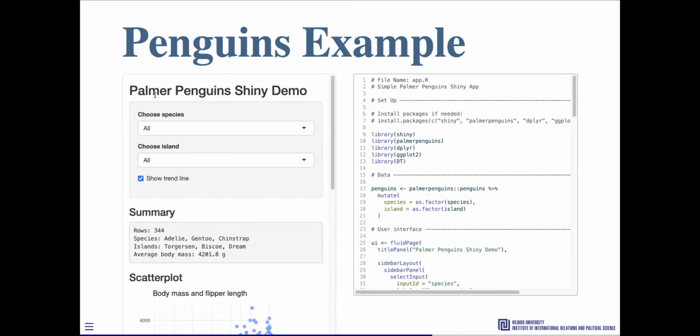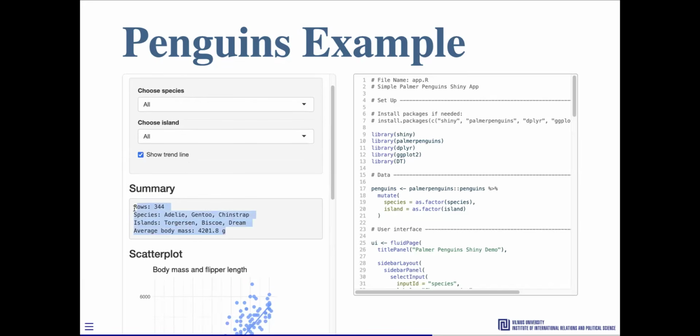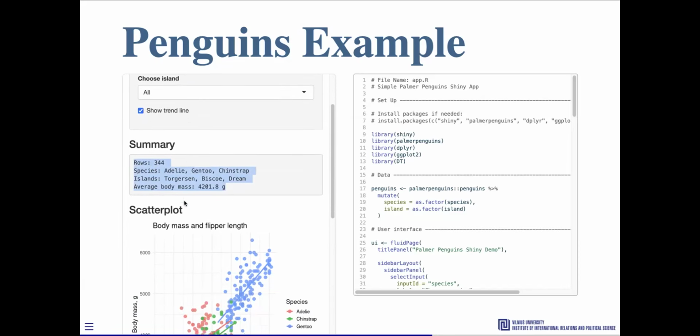Here, we are looking at a title. We're looking at a box or a tab panel that has input options for us, the users. We have a drop-down menu here, we have another drop-down menu, and we have this checkbox that we can tick or not. Then below that, we have a summary that is displaying some information in text.